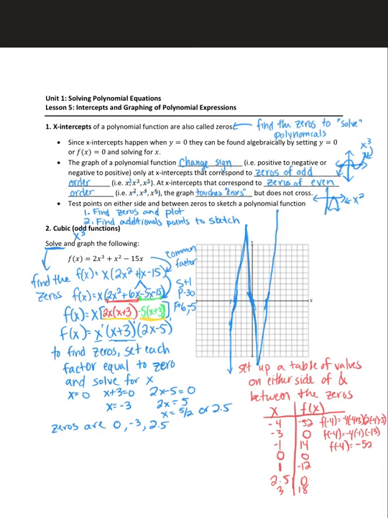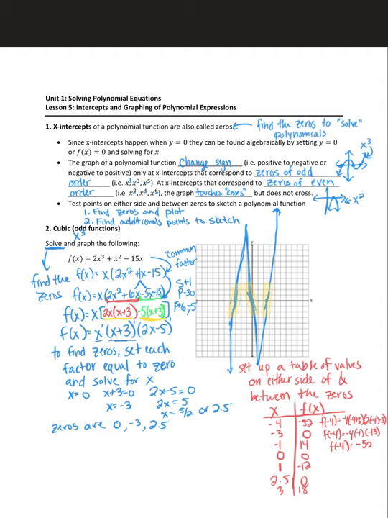So you can see each time we crossed the x-axis, we were going from positive to negative or negative to positive. On our first zero, we were going from negative to positive. And then on this zero, we went from positive values in y to negative values in y. And then finally at 2.5, again, we were going from negative values to positive values.